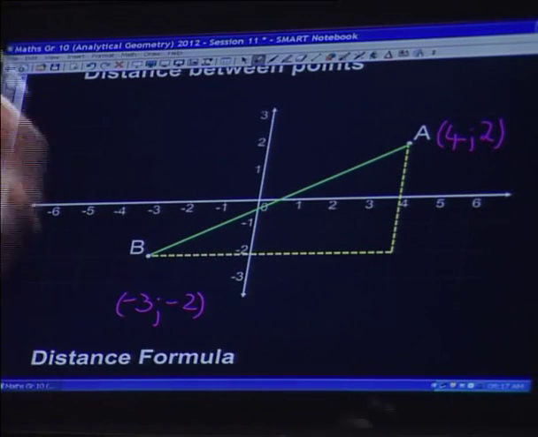It is possible, if the Cartesian coordinates are known, to calculate the shortest distance between those 2 points. And that is, of course, what we call the distance formula. Now, the distance formula is derived by using Pythagoras in our right-angled triangle.